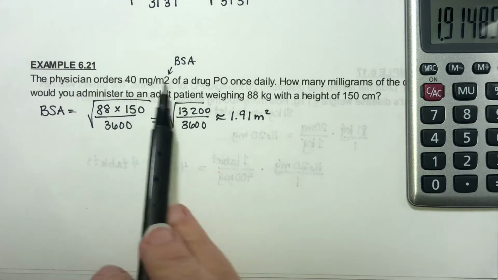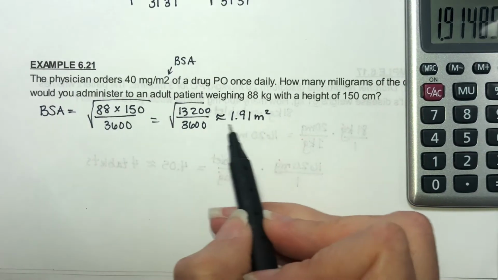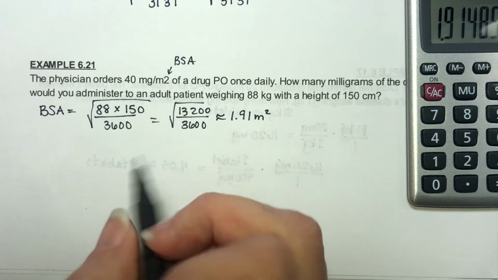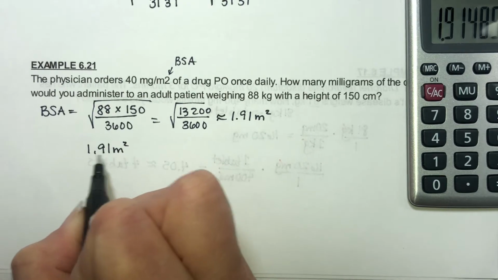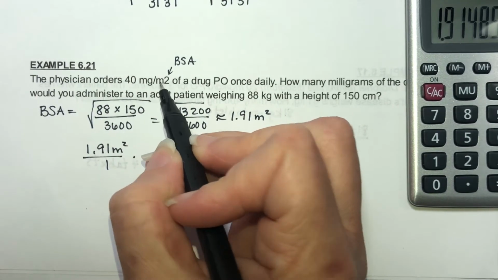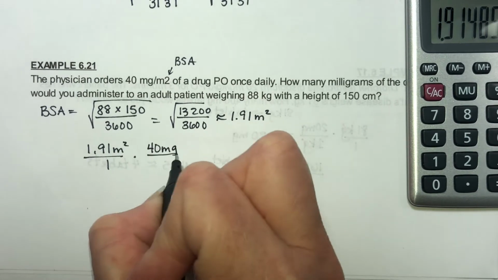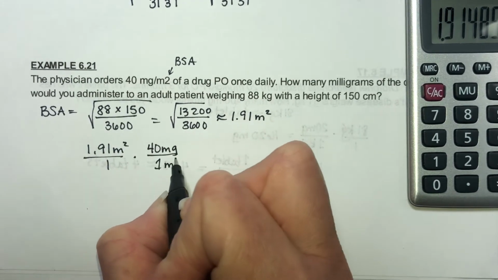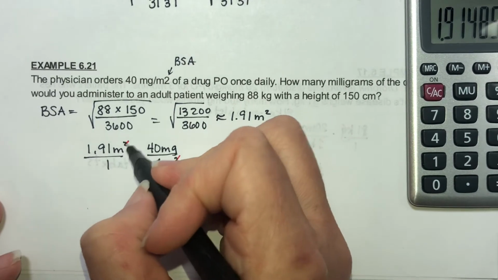Now that we have that, we can use this. I want to end up with milligrams, and I'm trying to change this into a dosage. So I take 1.91 meters squared over 1 times, there are 40 milligrams per meter squared. So 40 milligrams per 1 meter squared. Now the square meters cancel.